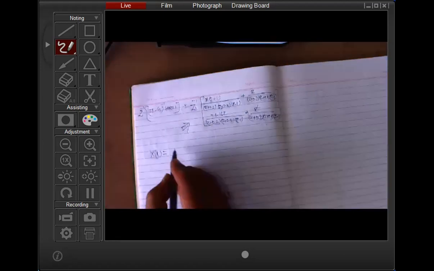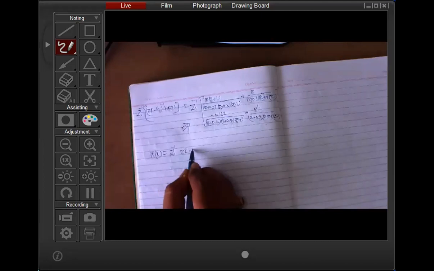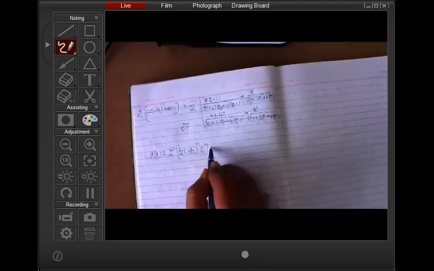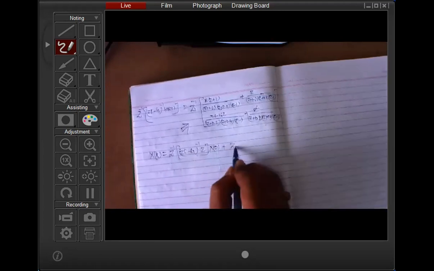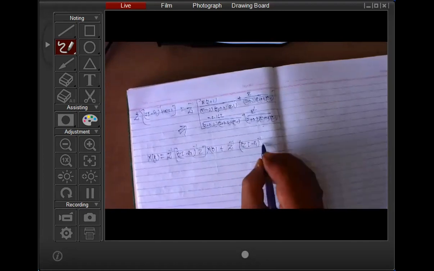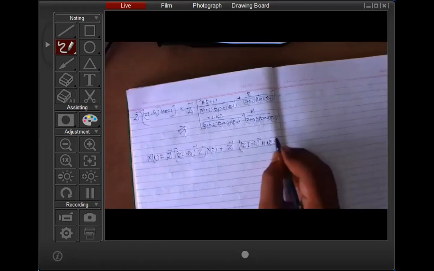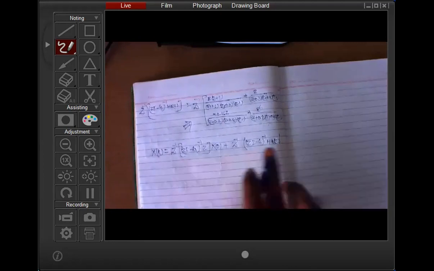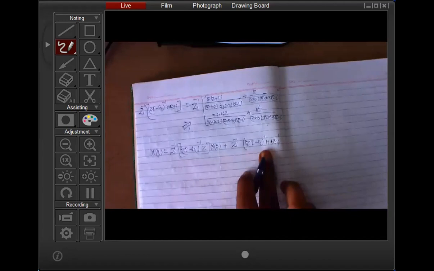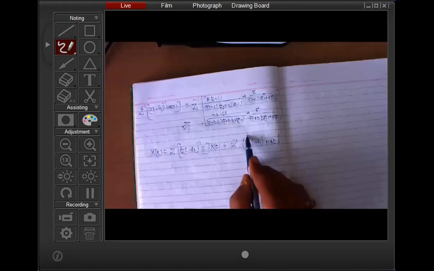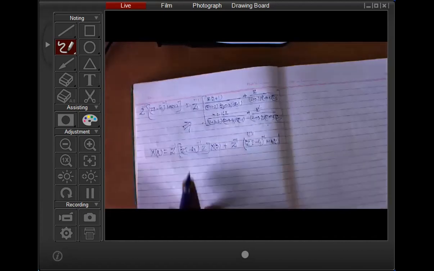So x(k) has two parts: the inverse Z transform of zI minus G inverse into z into x0, plus the inverse Z transform of zI minus G inverse into H into U(z). First part is due to the initial value and second part is due to the applied input voltage. If you solve this expression, you can obtain the solution of the second part, and you have already solved the first part.